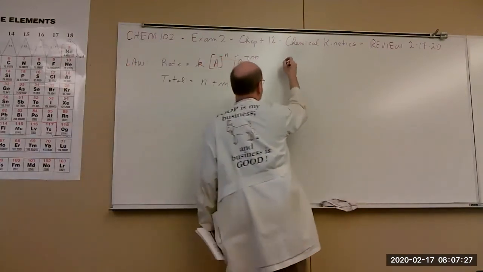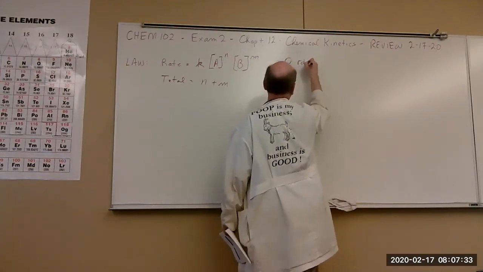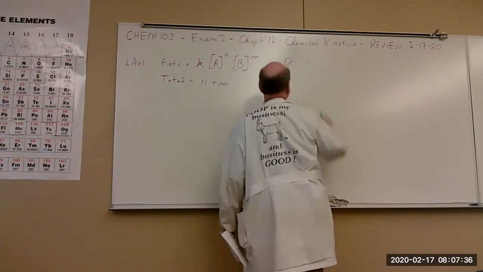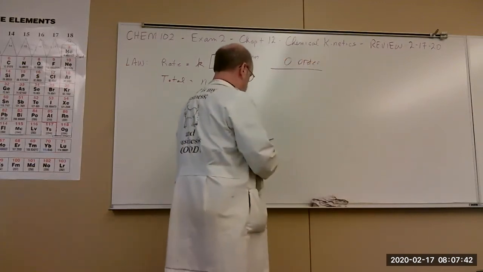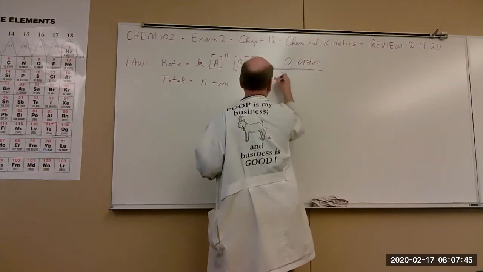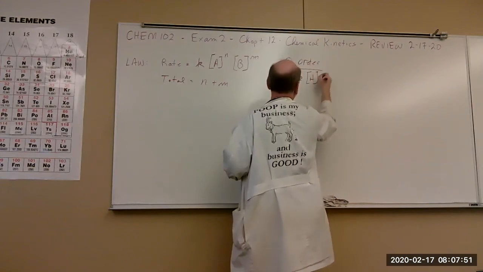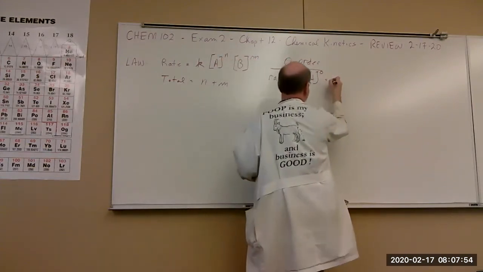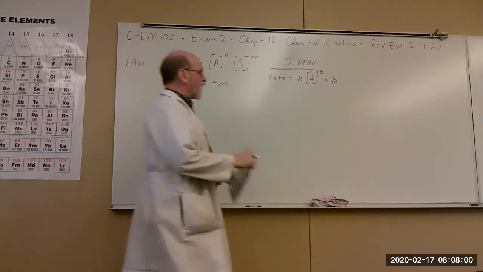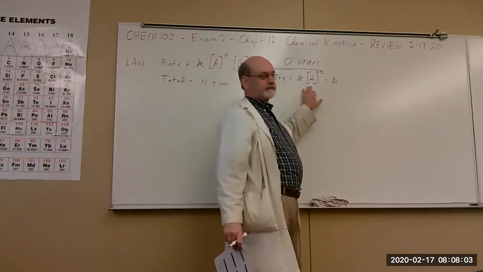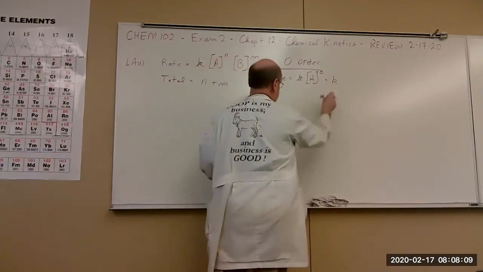So for a zero order reaction, the rate law would be, for a single component, that the rate is equal to the constant. Right? The rate law doesn't care what your initial concentration is for A. It only cares what the rate constant is.